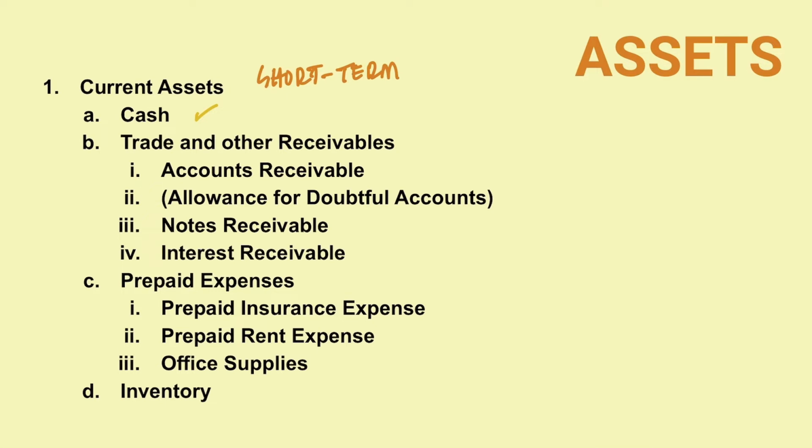We also have trade and other receivables. And under trade and other receivables, we have accounts receivable. And the allowance for doubtful accounts, the account allowance for doubtful accounts doesn't necessarily appear in the balance sheet, but it is specified in the notes to financial statements.